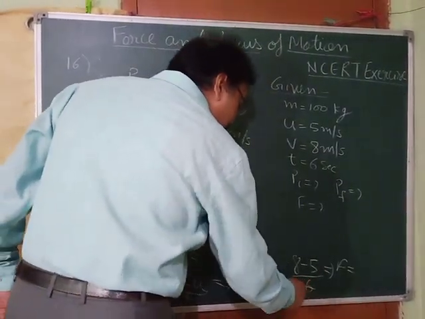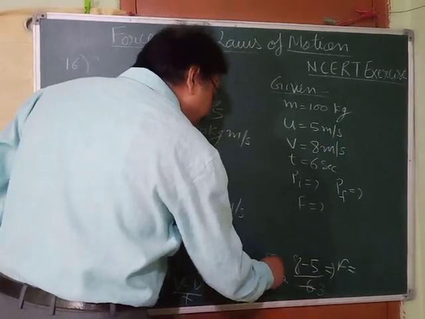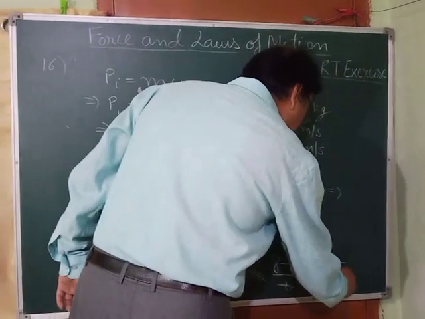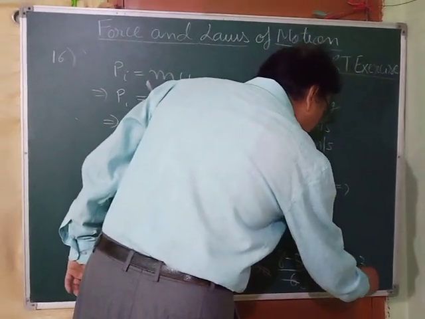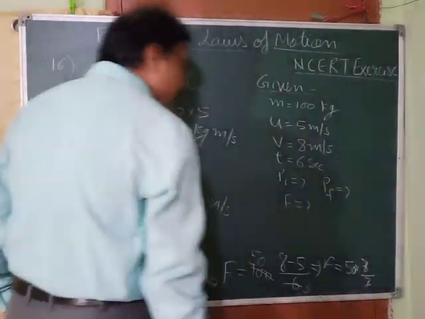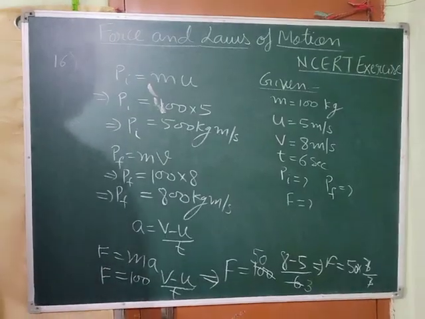First we can cancel this, 2 threes are 6 and 2 fifties are 100. Now 8 minus 5 is 3, so we will write 50 into 3 by 3. This cancels out, it is 50. So finally, force is equal to 50 Newton.